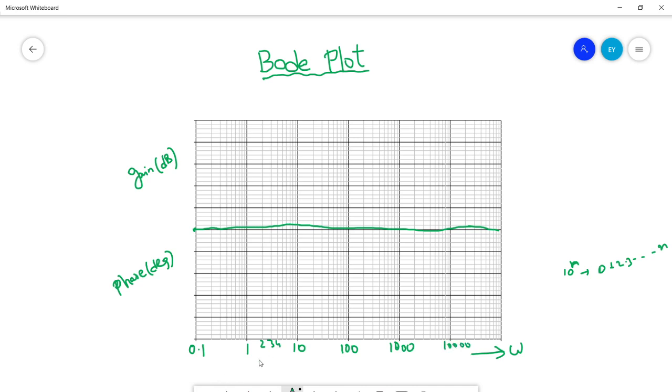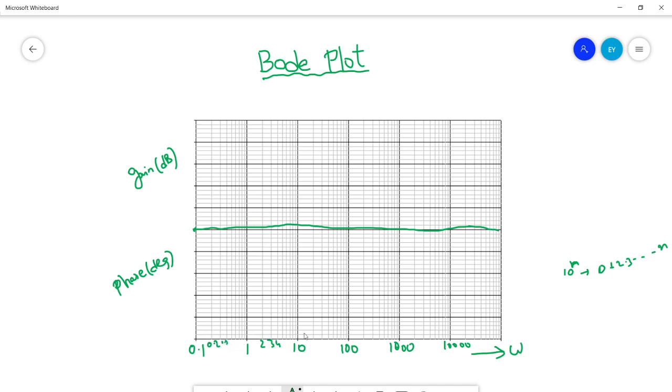So what this means is, when you are varying frequency, for the lower frequencies you can represent them from 0.1 to 1, and each vertical line here represents 0.2 radians, 0.3 radians and so on.